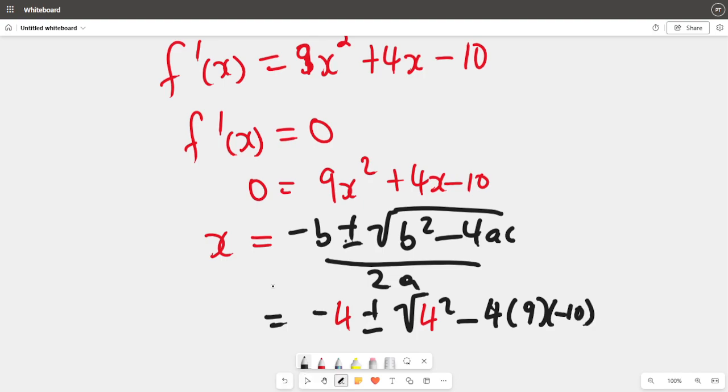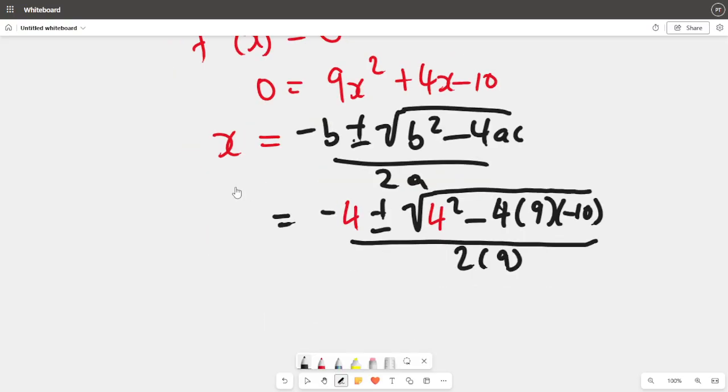All right, then we can divide everything by 2 times the value of a, which is 9. Let's take a look, will we still have the same values? Remember, we should not forget our x values from above using the PCS and the PSCM.